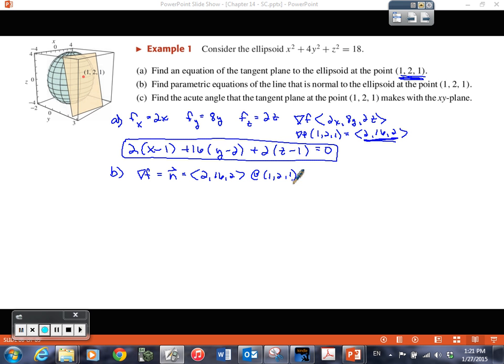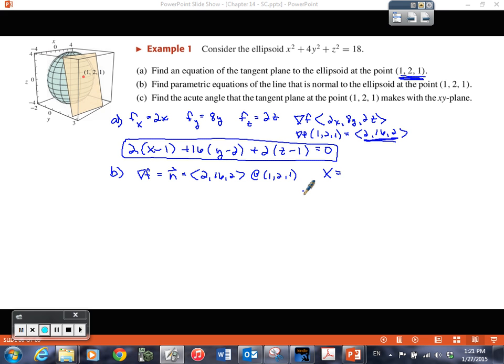Okay, so to write our parametric equations, if you'll recall from quite some time ago, we think of these individual coordinates as slopes, and this is our point that exists on the line.